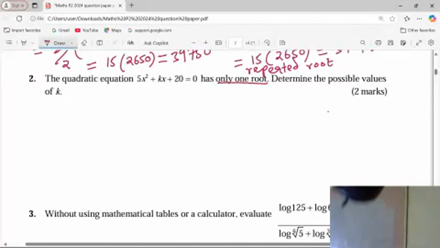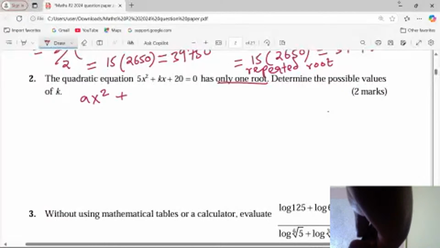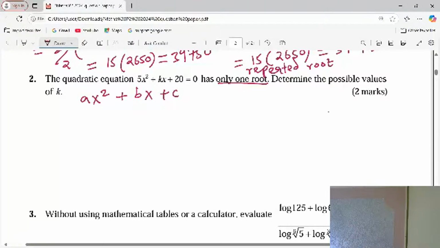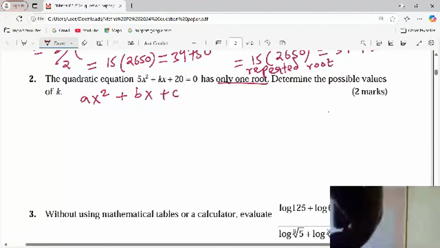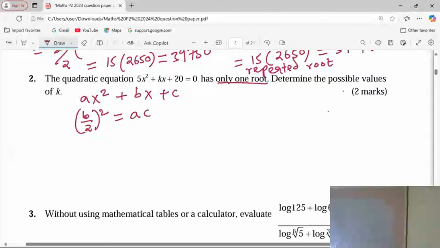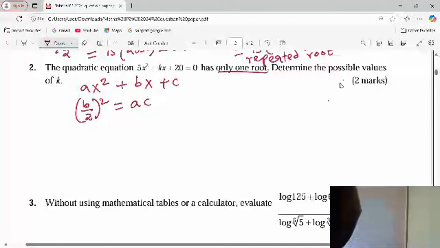For a perfect square, generally of the form ax squared plus bx plus c, we usually say that the square of b over 2 is the same as the value of a multiplied by c. What is the value of b? B is k, unknown for this case, divided by 2.